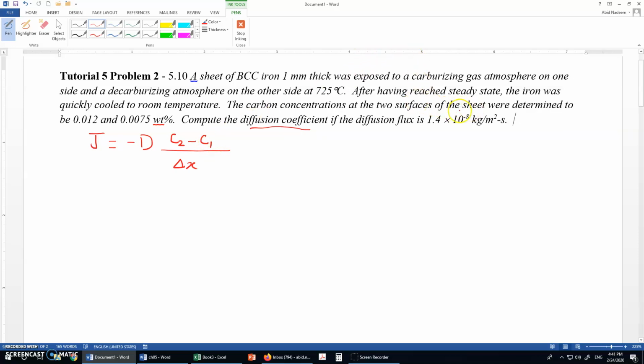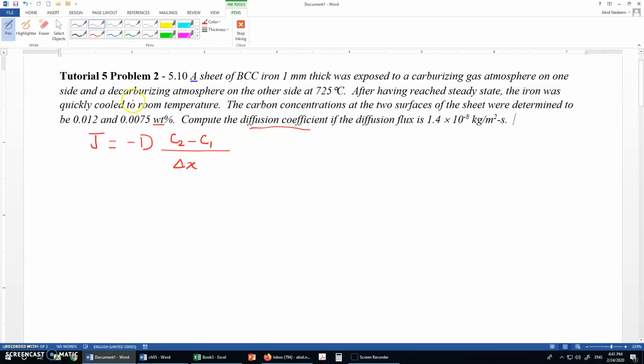Here C2 is the concentration at the high concentration surface, and C1 is the concentration at the low concentration surface. The concentration values in this equation are in kilogram per cubic meter, but the values given are in weight percent. So we need to convert these weight percentages into kilogram per cubic meter.